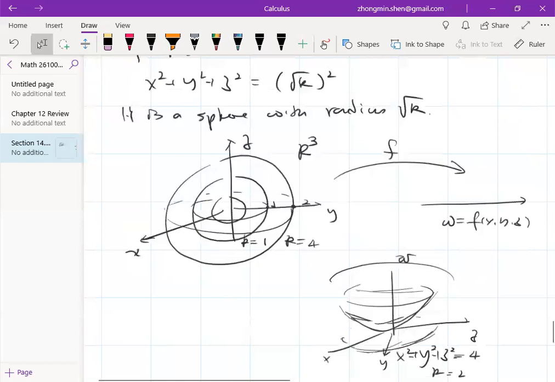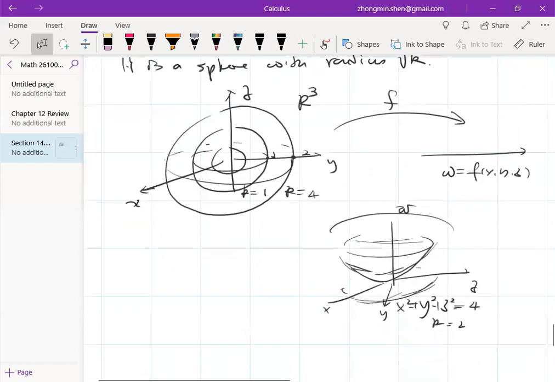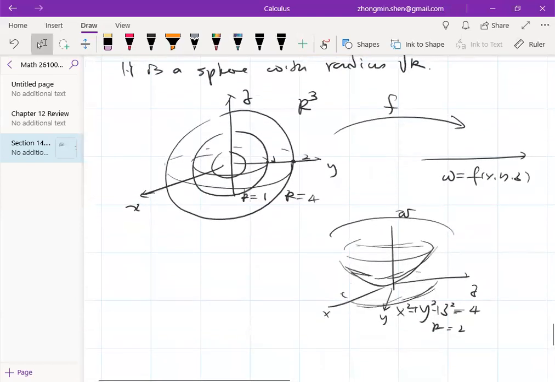It's more complicated, but when you draw the level surface, it's in 3-dimensional space, so you just need to deal with the 3 variables.